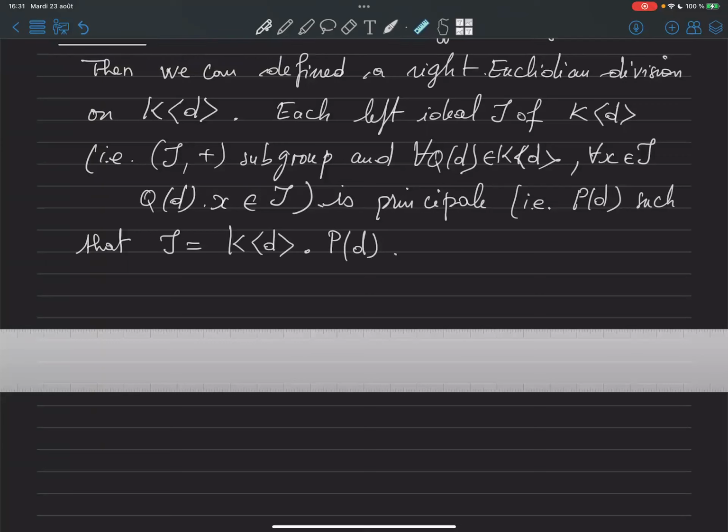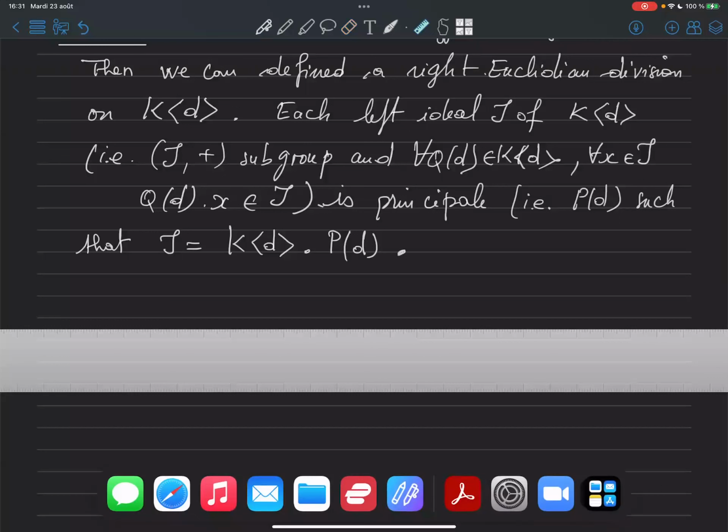In other words, it's not exactly principal, it's just left principal, but we avoid such a distinction. Then it's time, we can stop here. If you have any questions.